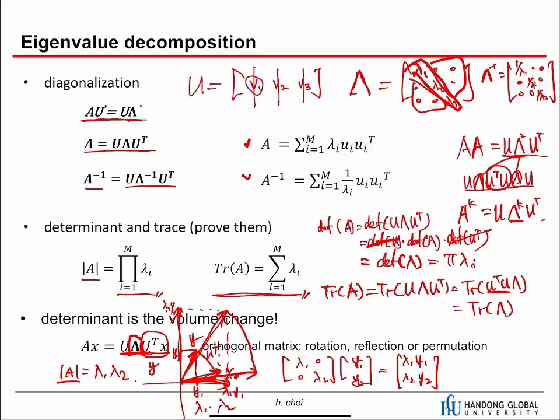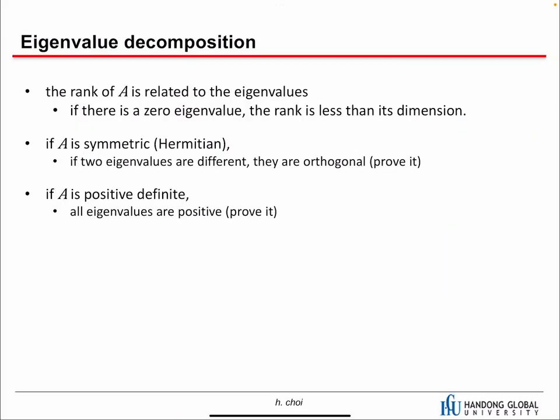Okay, so this is a quite important message. The determinant of a matrix is the volume change of that matrix transformation. And the next one is that the rank of A is related to the eigenvalues. When you read some machine learning papers, they say this matrix is full rank, or this transformation is full rank.